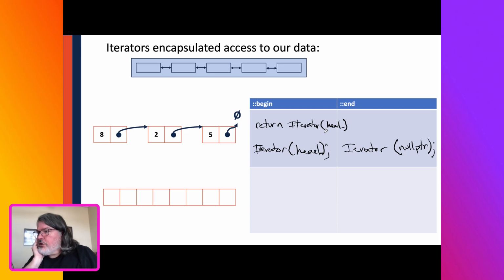We've written two functions for the list. That's it. How about here? What am I going to return? How is this useful for a linked list? I don't know you have a linked list. Are you a doubly linked list or not?